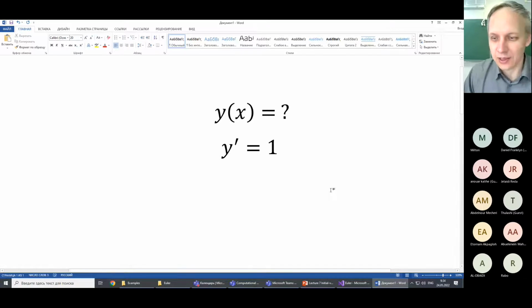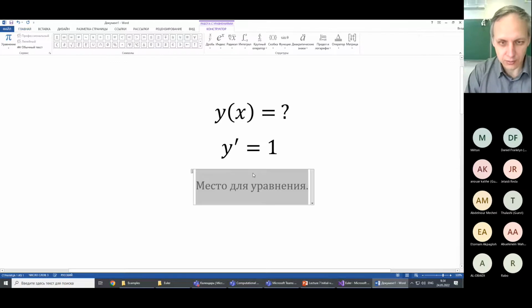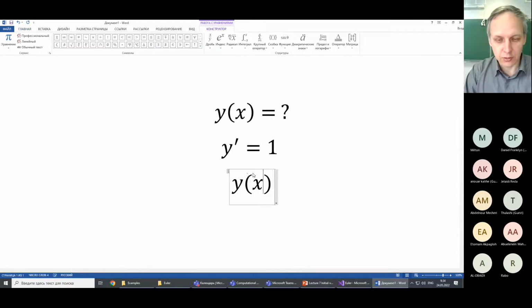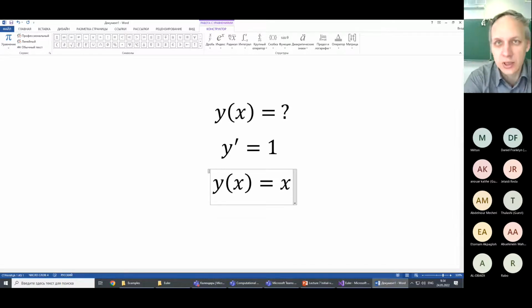But this answer is correct, but not complete. Y of x equals x is not a complete answer, because I can give you a lot of examples, a lot of functions y of x such that y prime equals 1. Y of x equals x is not a unique function that has the property that y prime equals 1.